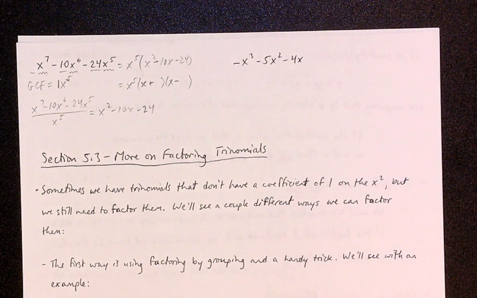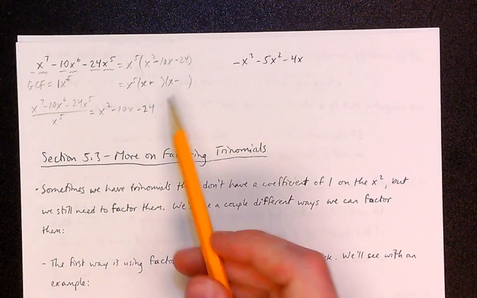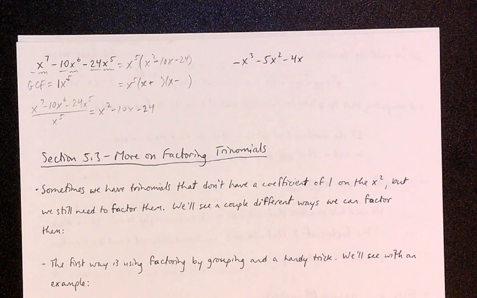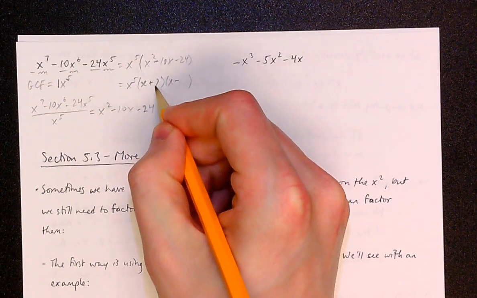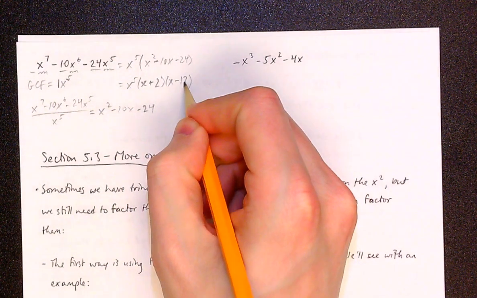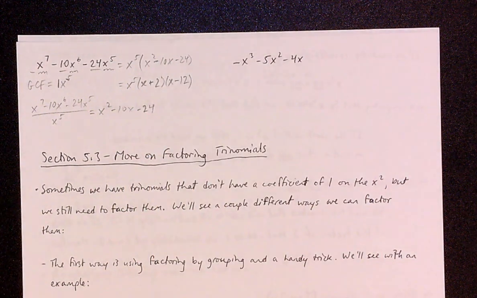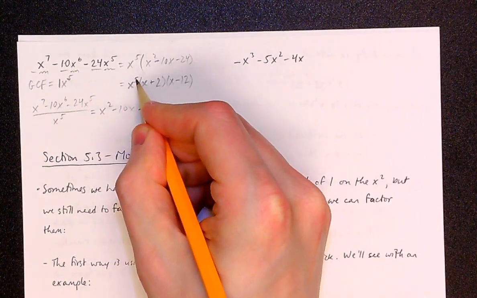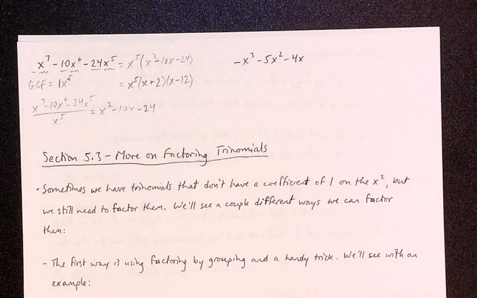Now we think of the factors of 24, and where do I have to put the proper factors to have the numbers add up to negative 10? So 1 and 24 don't work. If you try 2 and 12, that will work if you put the 2 next to the plus and the 12 next to the minus. So we have x to the 5th times x plus 2 times x minus 12.